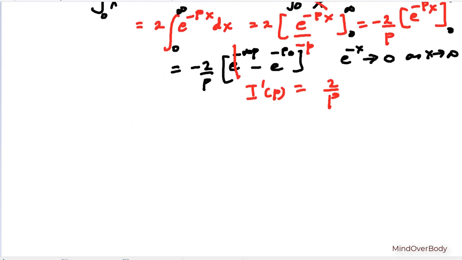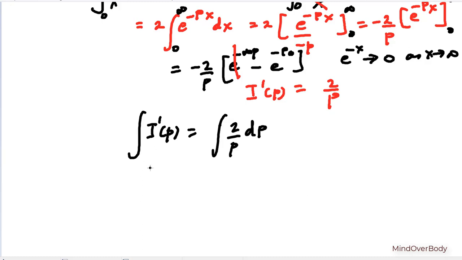Now you need to get rid of this I dash. So for that you need to integrate. Integration is the opposite process of differentiation. So I dash of p is integrated. On the right hand side it's going to be the integral of 2 over p times dp. This is going to give me I of p.